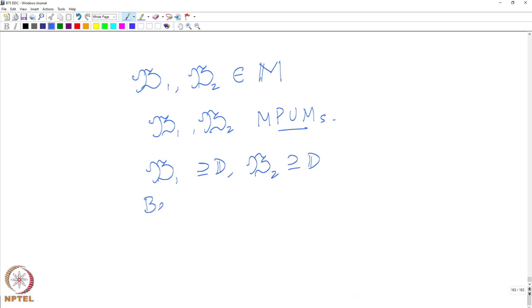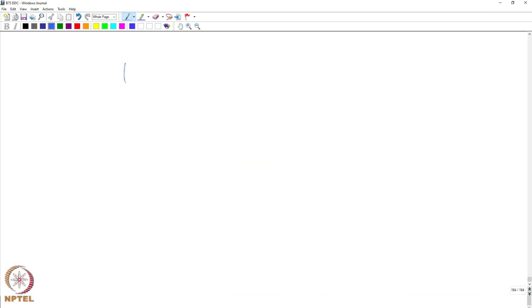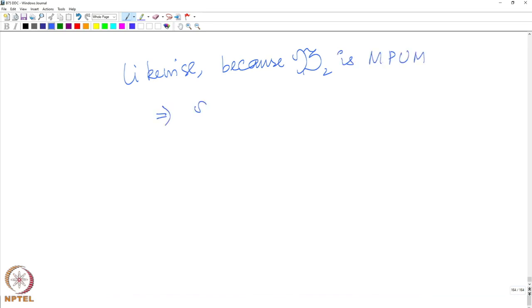Because B1 is MPUM, this would imply B1 will be contained in B2, and likewise because B2 is MPUM, this would imply B2 is contained in B1.